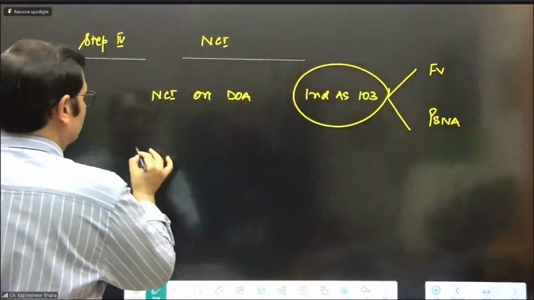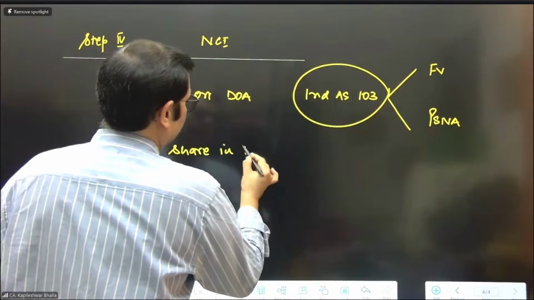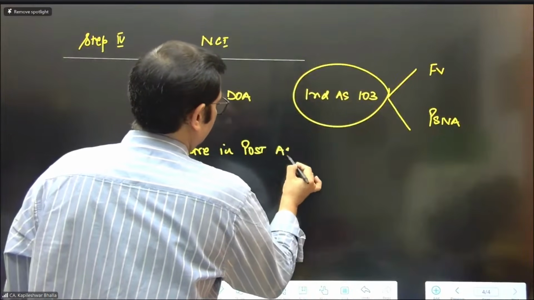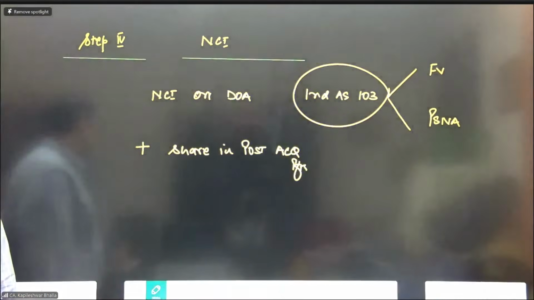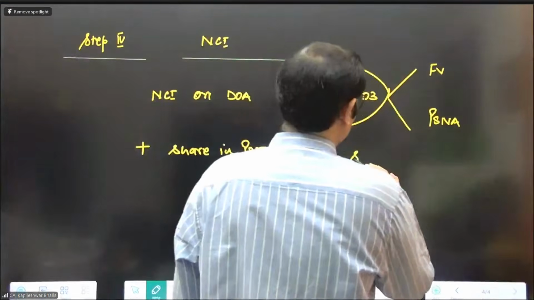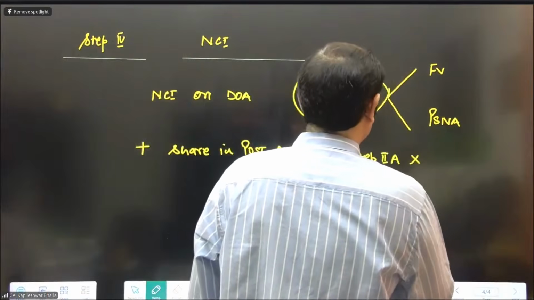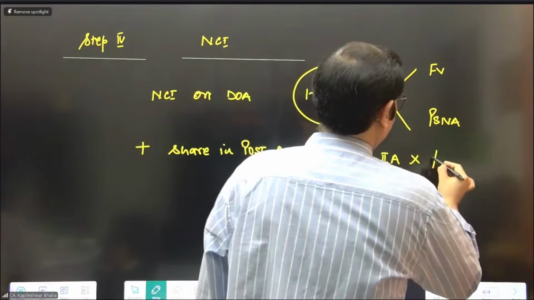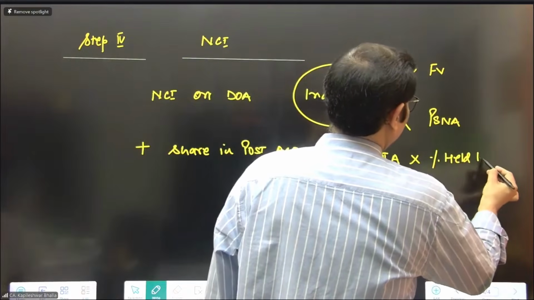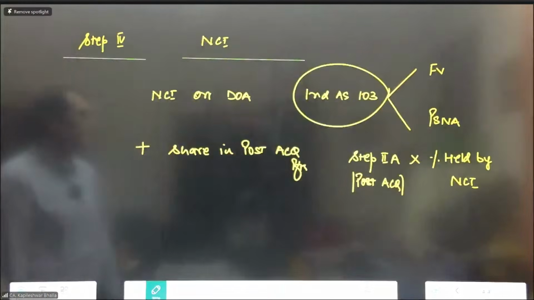So to this, we'll add the share in the post-acquisition profits. Now, when you consider the share in the post-acquisition profits, you need to look into the step number 2A and consider that whatever is the post-acquisition profits into the percentage which is held by the NCI.